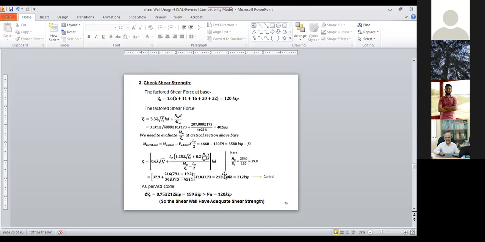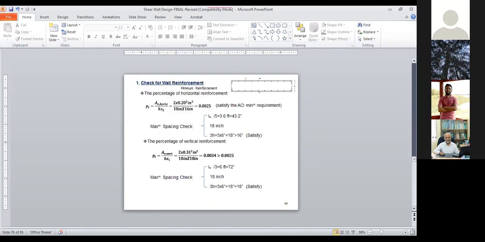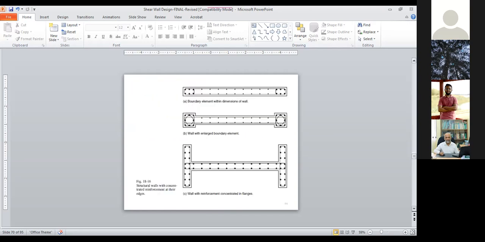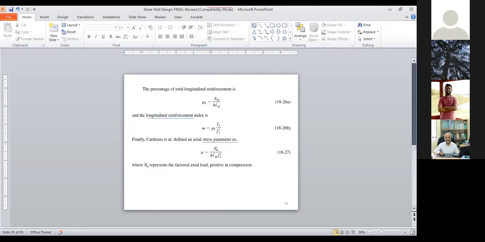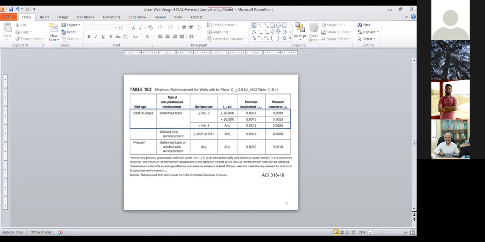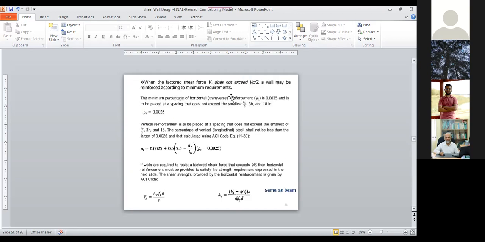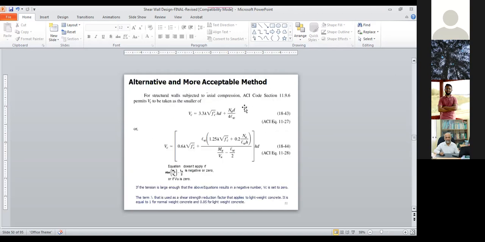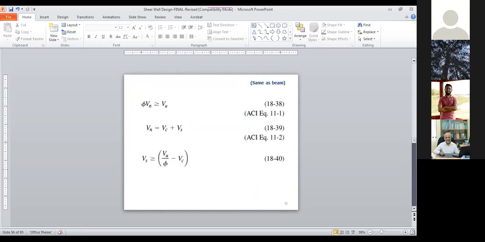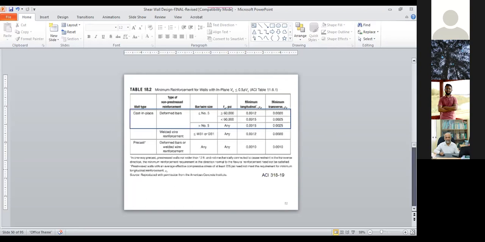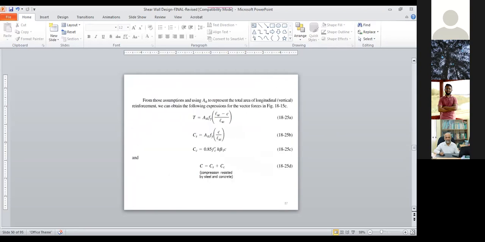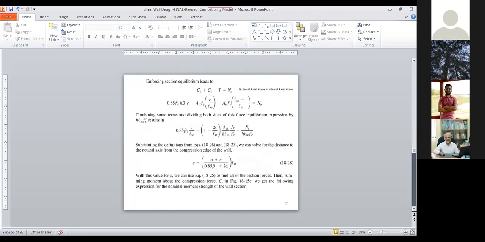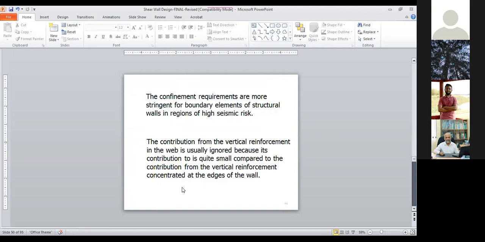So you have to use the minimum value from these two equations. If I go back once again, yes, this equation you have here. This is under compression. So you satisfy these two equations and calculate the shear capacity of your section.